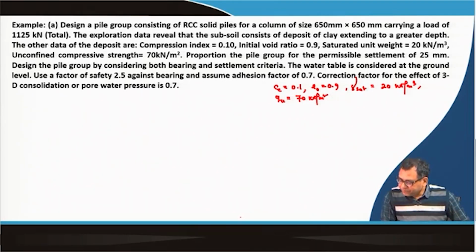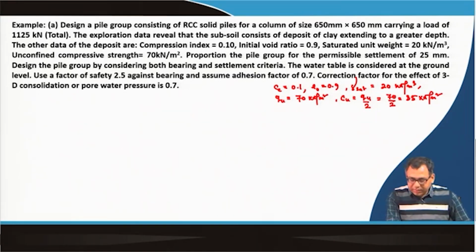So the Cu value will be qu divided by 2, the cohesion, that is 70 divided by 2, which is 35 kilonewton per meter square. Then the permissible settlement is 25 millimeter for the pile group, and design the pile group by considering both bearing as well as the settlement criteria.